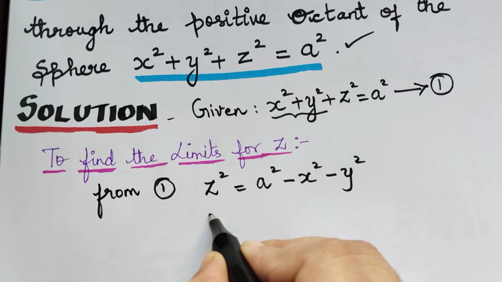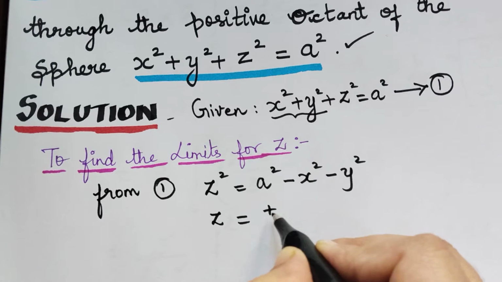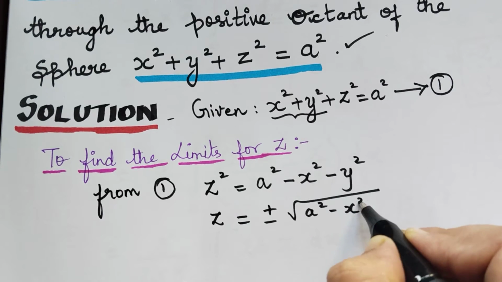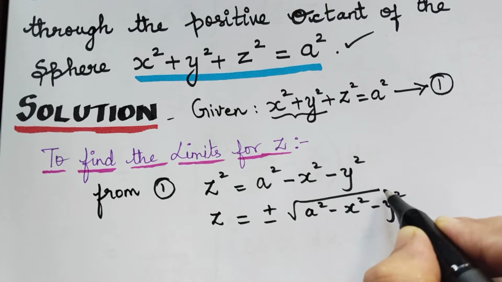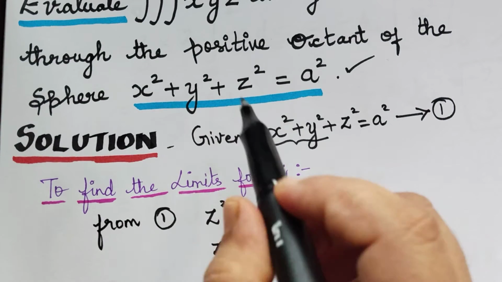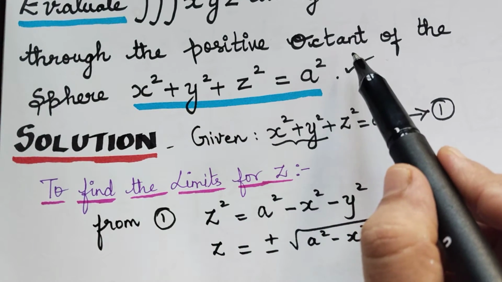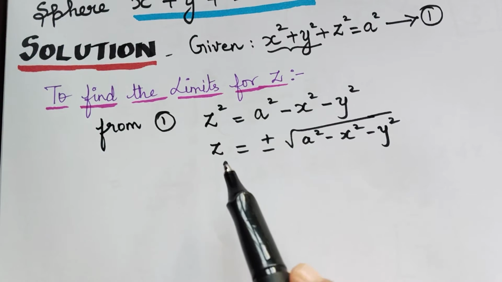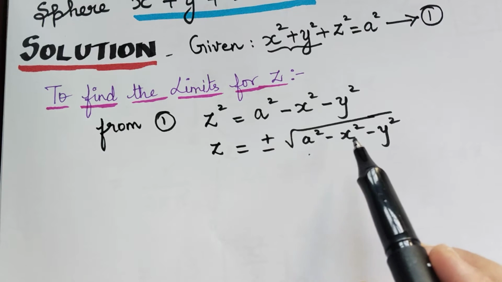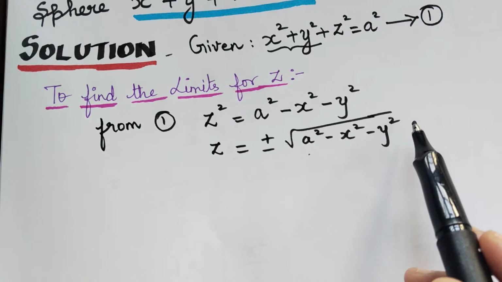From this, z will be equal to plus or minus square root of a square minus x square minus y square. Now we are given that we are considering the sphere only in the positive octant. So z will vary only from 0 to square root of a square minus x square minus y square.